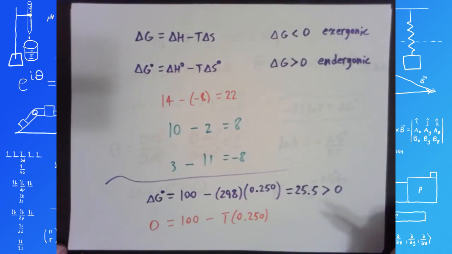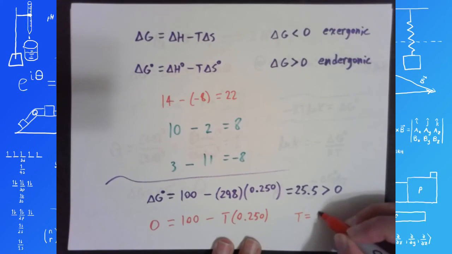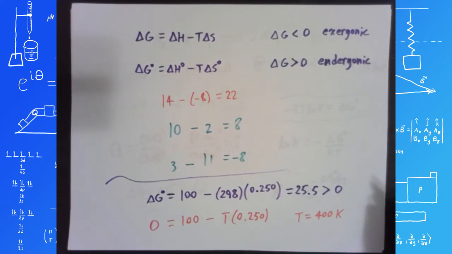Let's see. So add T times 0.250 over to the left, divide by 0.250, and we get T equals 400 kelvins. So at a temperature of 400 kelvins, it is neither spontaneous nor non-spontaneous. Above 400 kelvins, it's spontaneous. Below 400 kelvins, it's non-spontaneous.